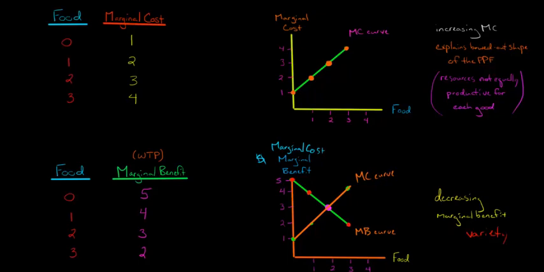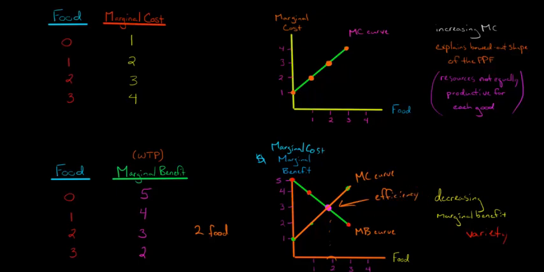Notice that at this point they intersect. What is that point? That point is 2 food. So 2 food is the point of allocative efficiency.